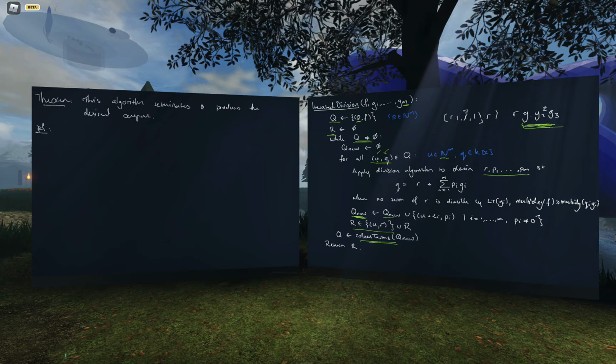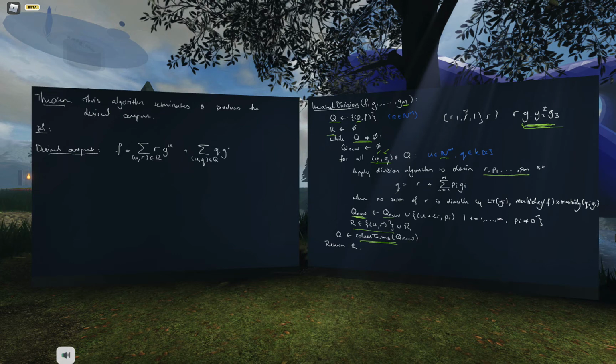As for showing that it produces the desired output, essentially this boils down to showing that at every single stage of our algorithm, the following equation is true. We can take the sum over all u in R of R_u G to the u, plus the sum over all u in Q of Q_u G to the u, and that is equal to f.